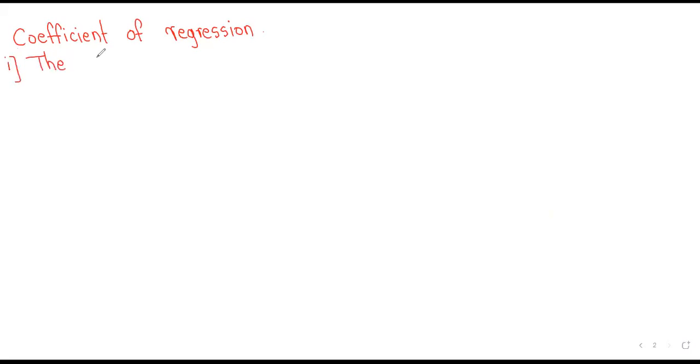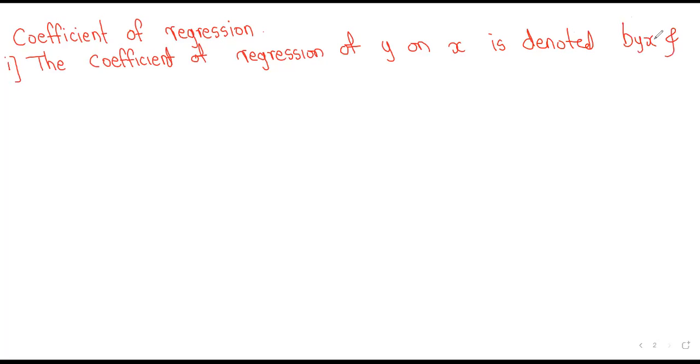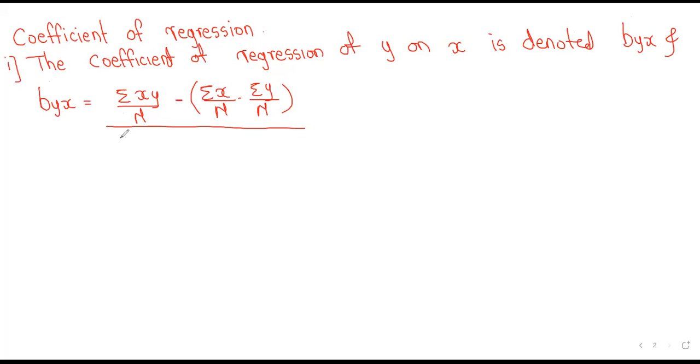The coefficient of regression of y on x is denoted by byx, and which is written as byx is equal to summation of xy divided by capital N minus summation of x divided by capital N into summation of y divided by capital N, and the whole term divided by summation of x square divided by capital N minus summation of x divided by capital N bracket square.